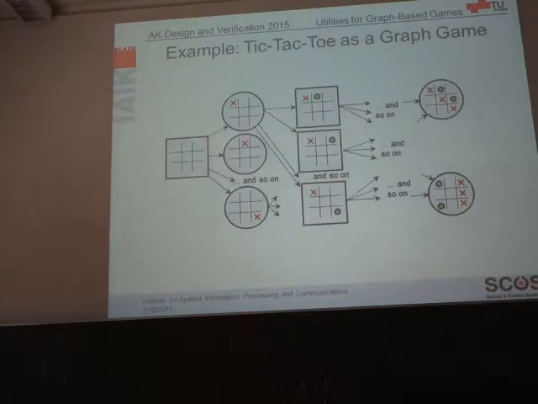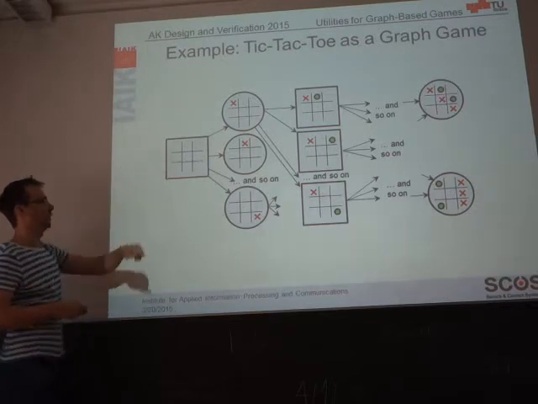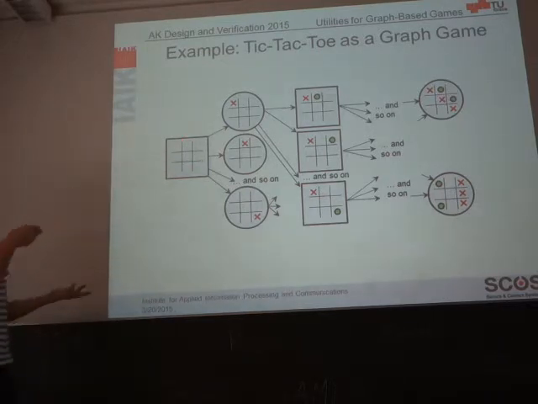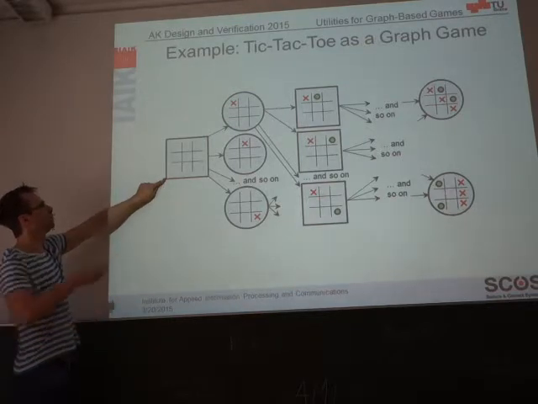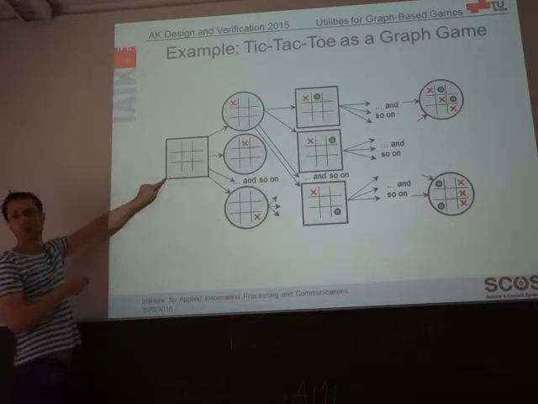We can model many real-world games as such games on graphs. Here I try to sketch how we could model tic-tac-toe as such a game on a graph. Basically, the states are just the different configurations of our grid. Our initial state should have an incoming arrow here. It represents the empty grid, and I said that player 1 places the cross tokens.